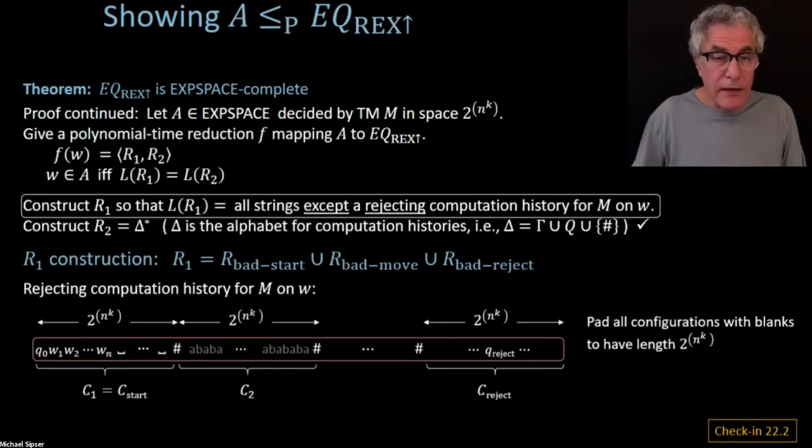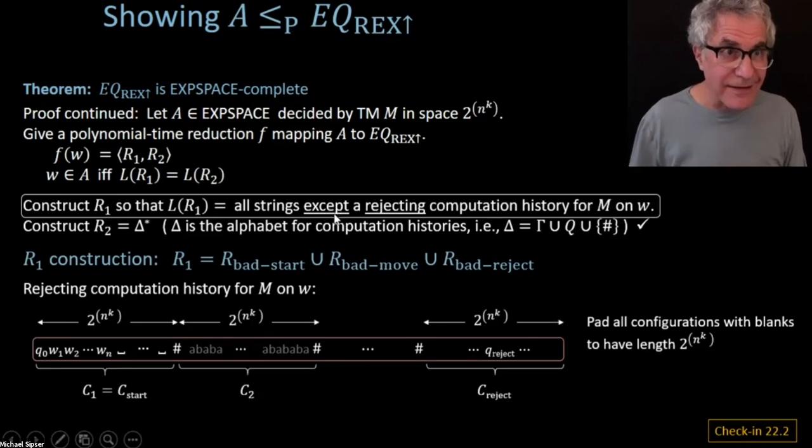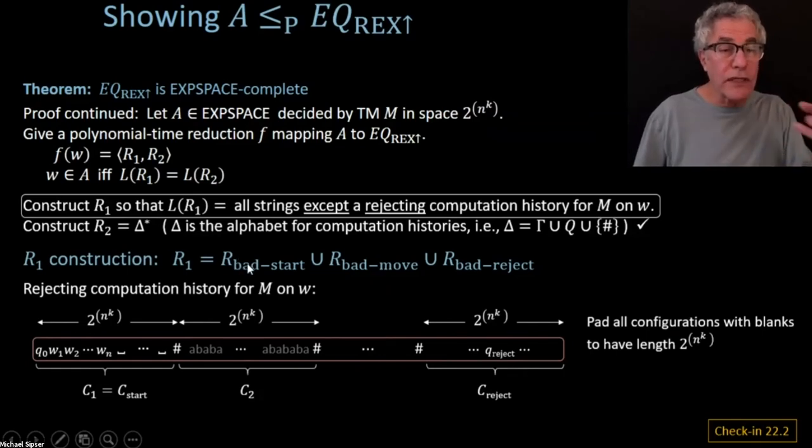Should R1 be the not of those three? No, R1 is describing all of the strings except this one string. So I'm capturing all the different possible ways a string could fail to be the string. It could start wrong, could be wrong along the middle somewhere, so I have to union them together.